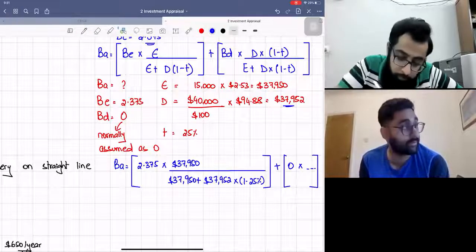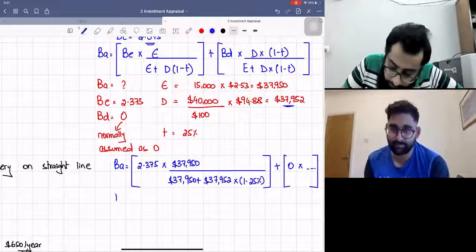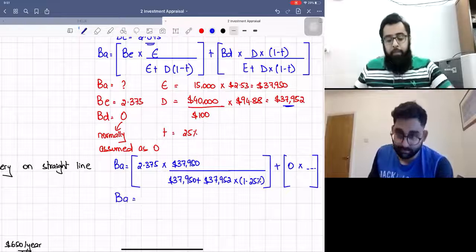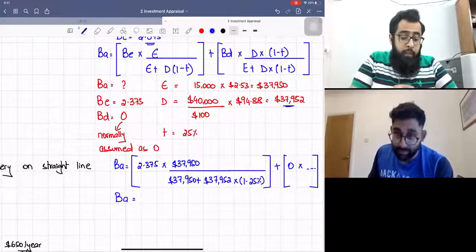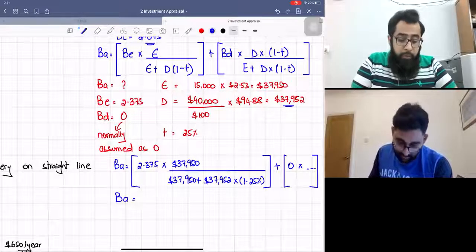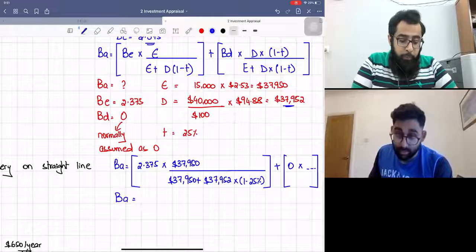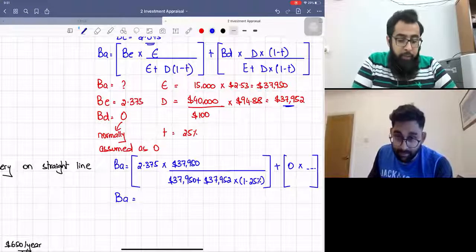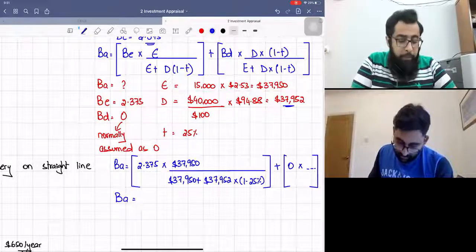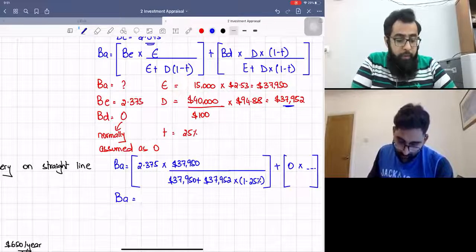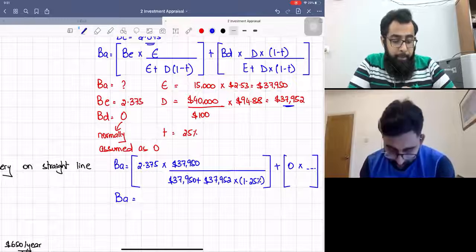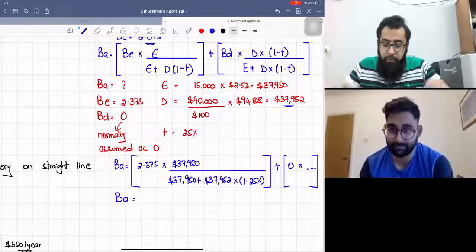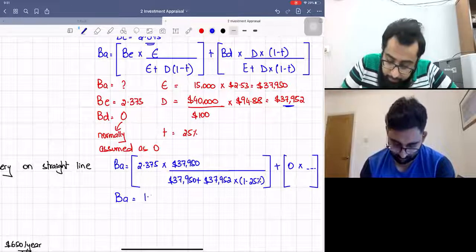So the beta asset will be 2.375 into 37950 divided by 37950 plus 37952 into 0.75. That gives 1.357. 1.357 is my beta asset.